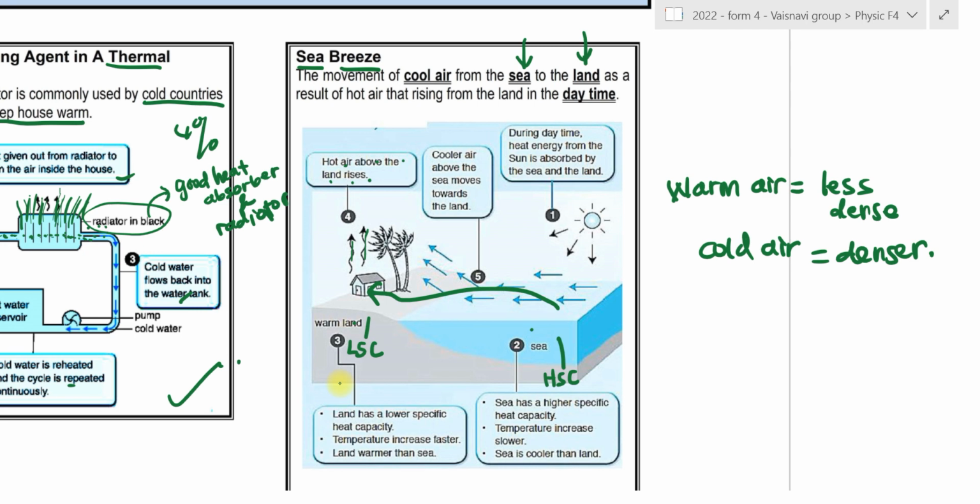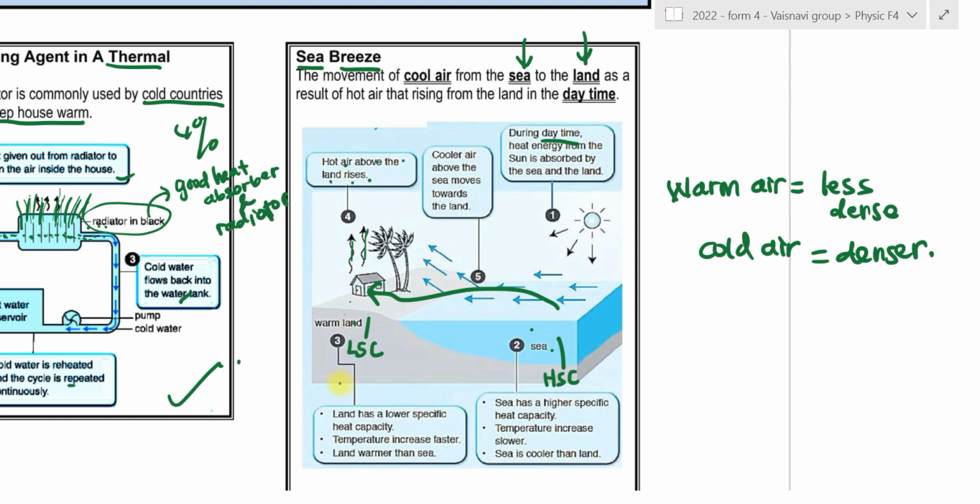Okay? So, I wrap up one more time. During the daytime, you must mention sea breeze only happens during the daytime. During the daytime, heat energy will hit the land and the sea. The sea, which has a higher specific heat capacity, will have a slower increase in temperature, while the land, which has a lower specific heat capacity, will have an increase in temperature at a faster rate.